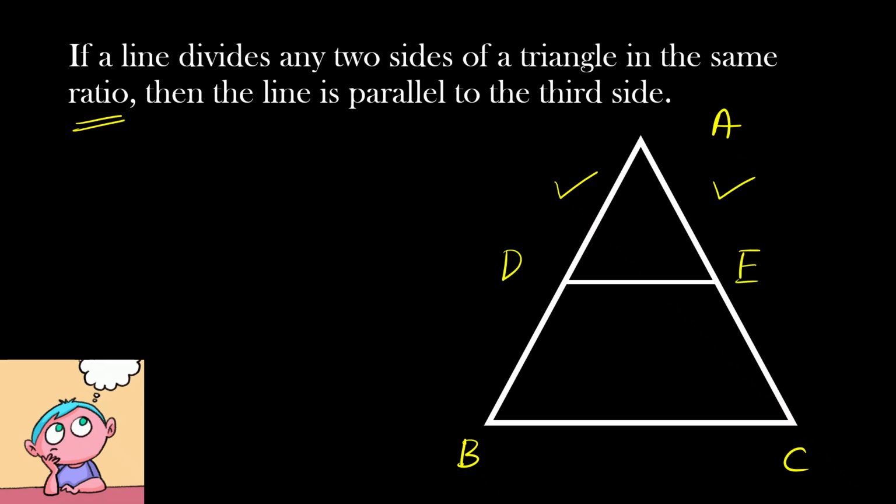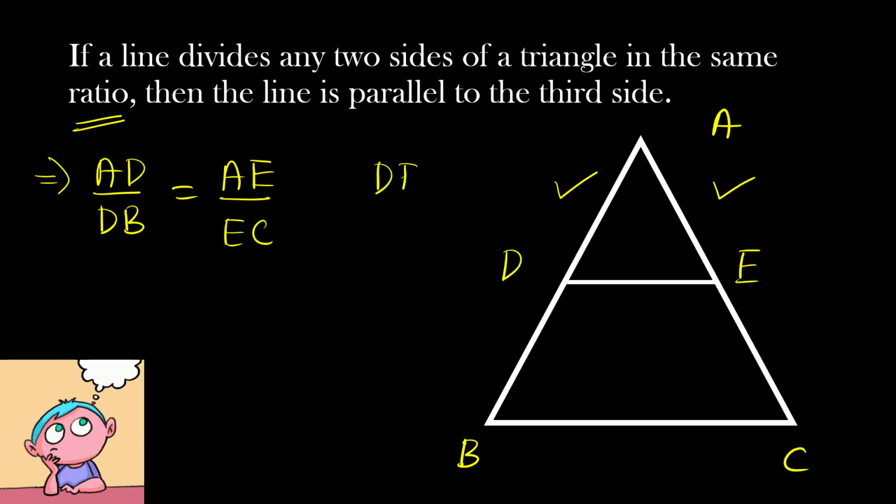So this DE divides AB and AC in the same ratio, which means AD by DB is equal to AE by EC. And this line DE is not parallel to BC, okay? But it divides AB and AC in the same ratio.